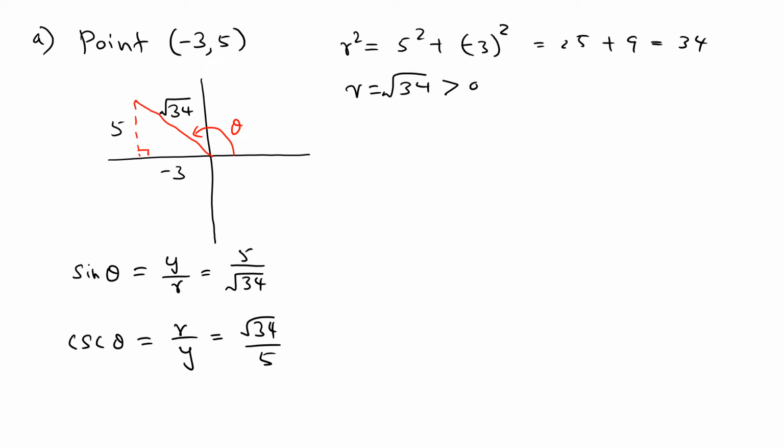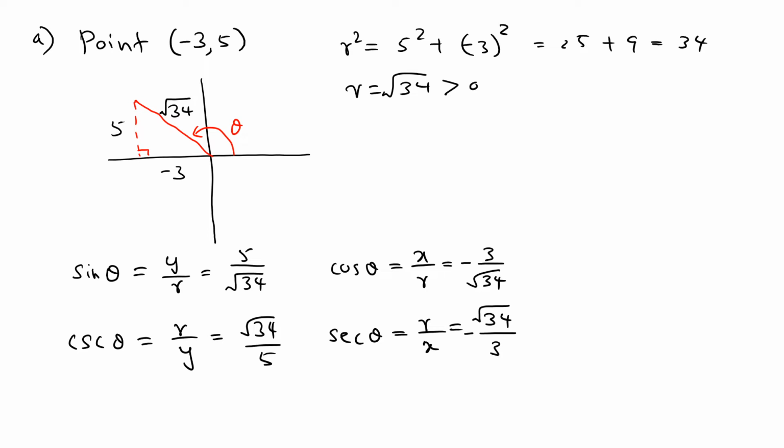And then cosine theta, which is x over r, which is -3 over square root 34, and the secant theta, which is r over x, which is negative square root 34 over 3. And then tan theta, which is y over x.